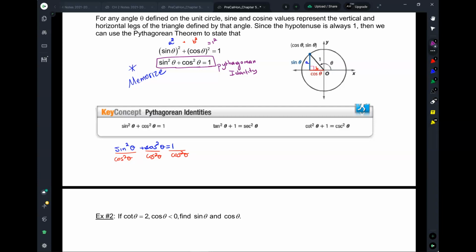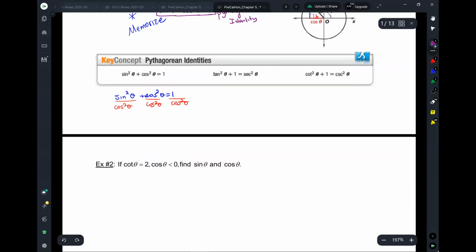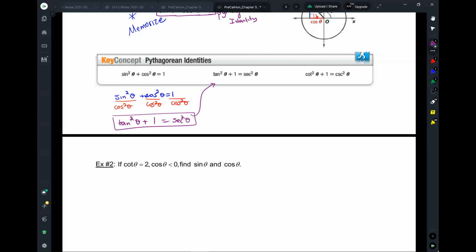Sine cubed over cosine cubed is tangent cubed. So this will become tangent squared theta plus, what's cosine squared over cosine squared? 1, equal to 1 over cosine squared, which is secant squared theta. And look, that's the next identity. You see where it came from?